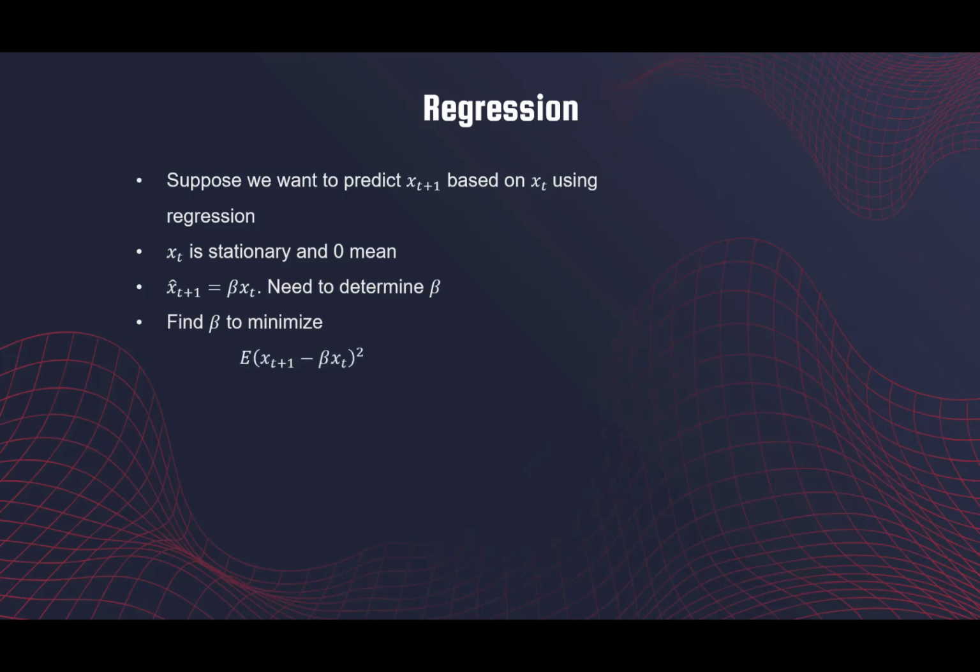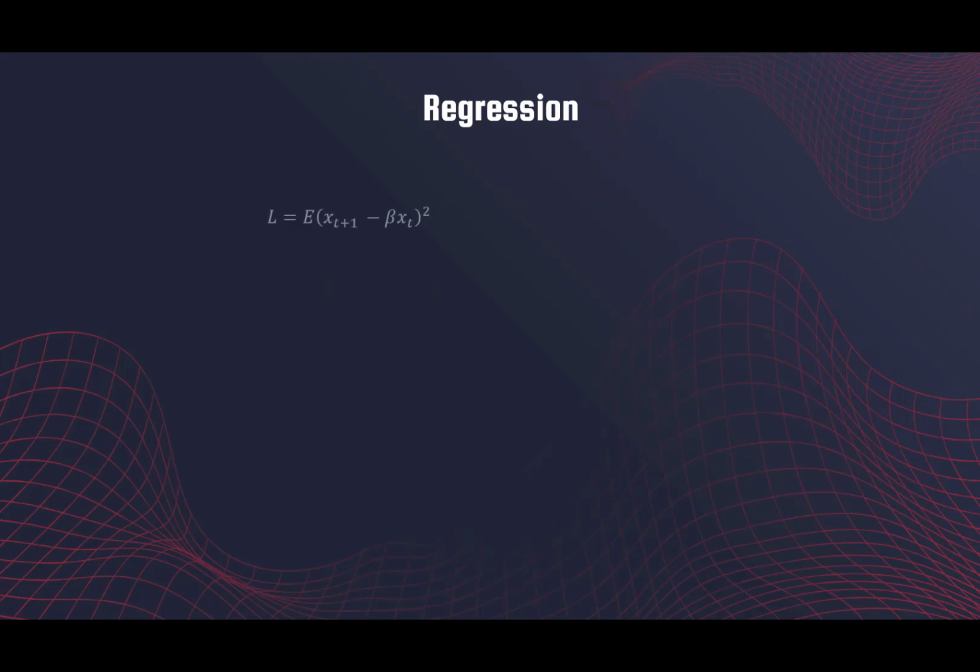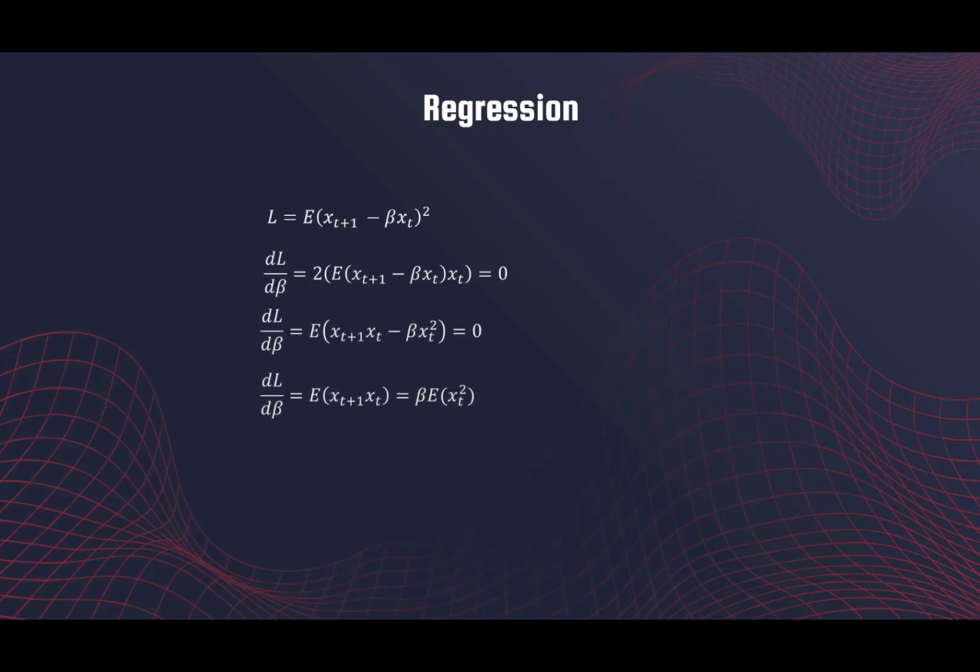So we are going to find the beta that minimizes this. This is what we want to predict, and beta x_t is the predicted value. We want to minimize this prediction error, which I'm calling L. So the goal is to obtain the beta that minimizes L. Great, we know how to do that: differentiate with respect to beta, equate to 0, and solve for beta.